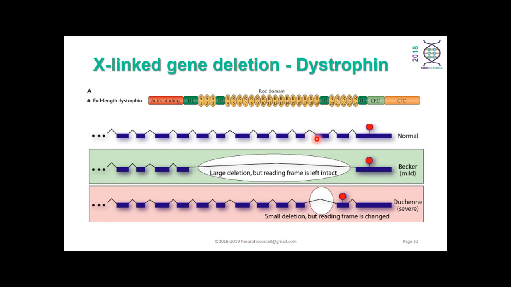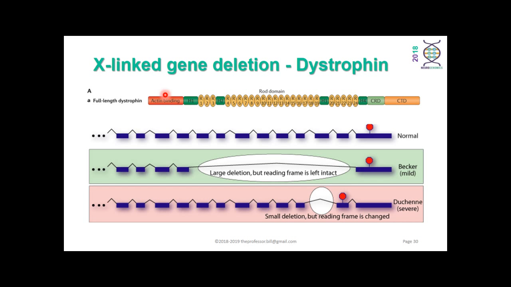Again, on this particular slide, you do not need to worry about all of the different types of deletions, etc. If you are looking at the top, the only thing that I'm going to highlight for you is that actin binding region. This actin binding region, in every form of muscular dystrophy we look at, including Duchenne's, is not affected.